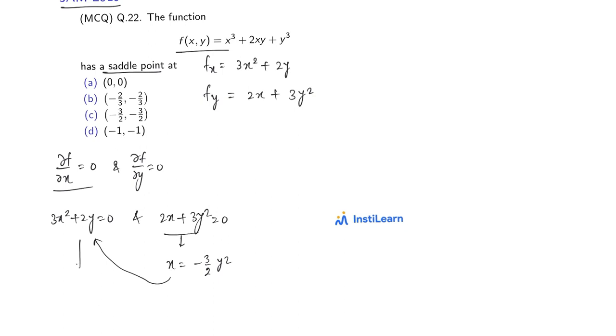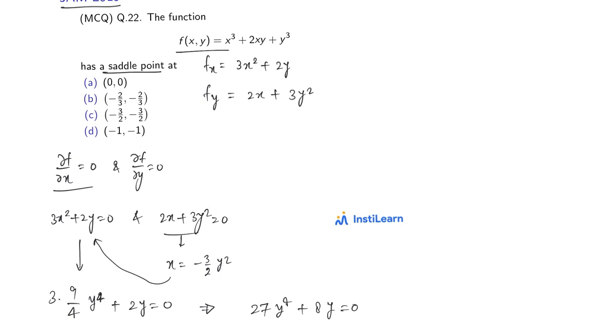Putting it here, we would have 3 into 9 by 4 y square, sorry, y to the power 4 plus 2y is equal to 0. Or we have 27 y to the power 4 plus 8y is equal to 0.